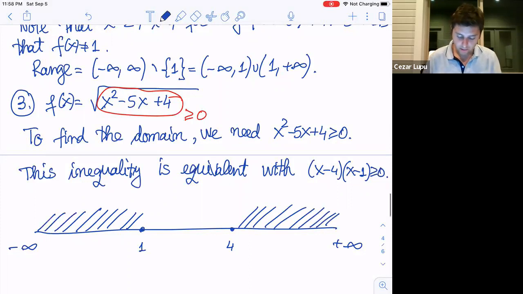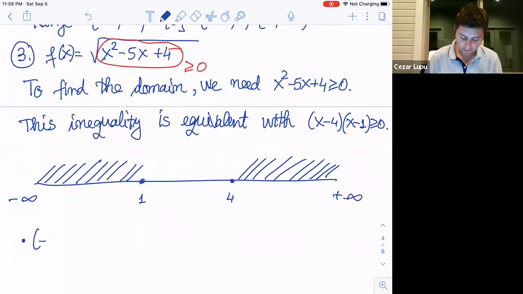In other words, we divide this into 3 intervals: negative infinity to 1, then what happens between these two numbers, 1 and 4, and then from 4 to infinity.